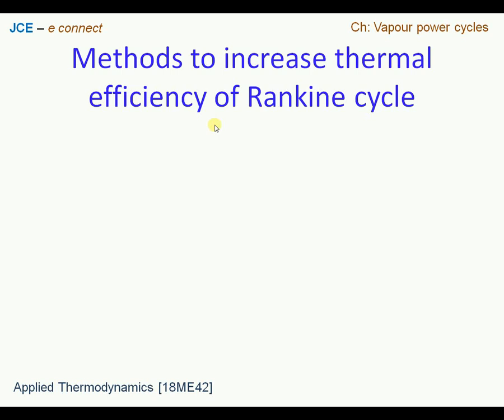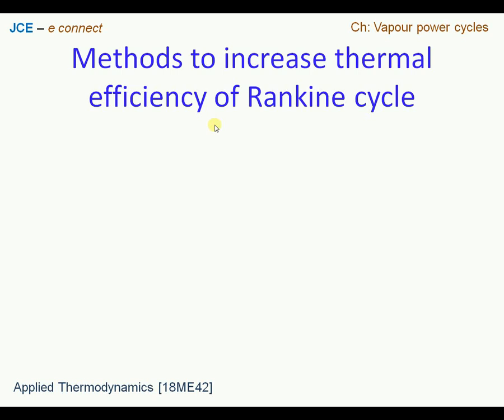Therefore we understood that in order to increase the thermal efficiency of the Rankine cycle, the focus is primarily on increasing the average temperature at which heat is added to the working fluid in the boiler, and decreasing the average temperature at which heat is rejected in the condenser.